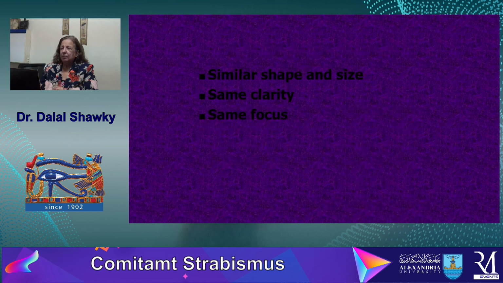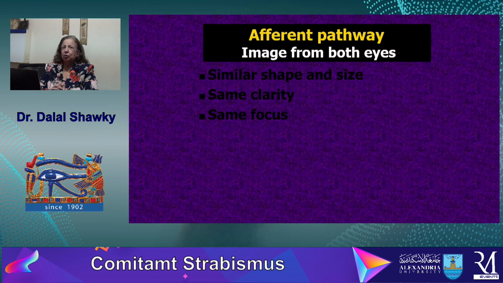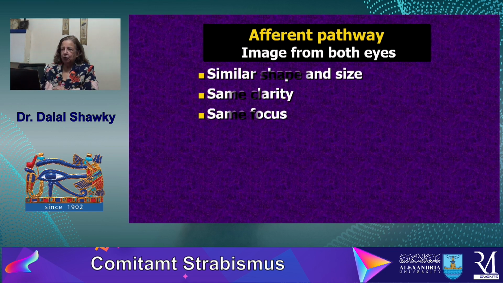Keeping the two eyes parallel in all directions depends on some mechanisms. First, the afferent pathway, that is, the impulses coming from the images of the two eyes.